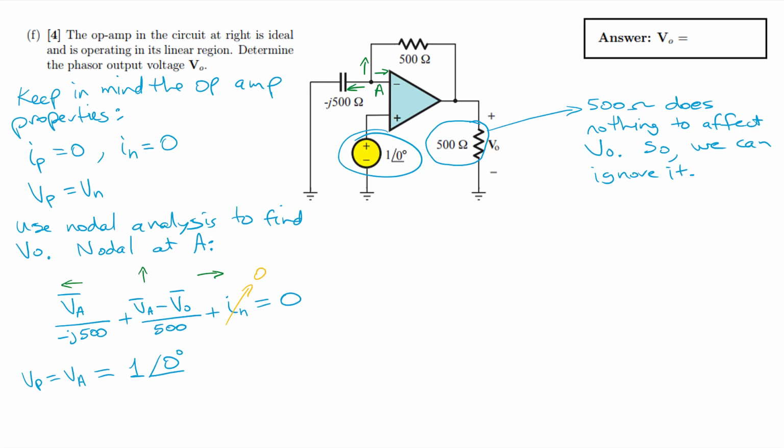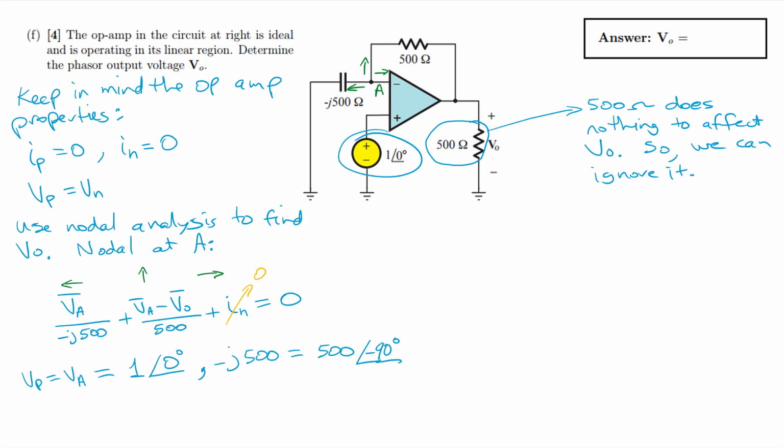And then what else can we find out here? Let's convert this minus j500 into phasor form so that we could do some manipulations. So that's going to be equal to 500 phase angle minus 90 degrees.